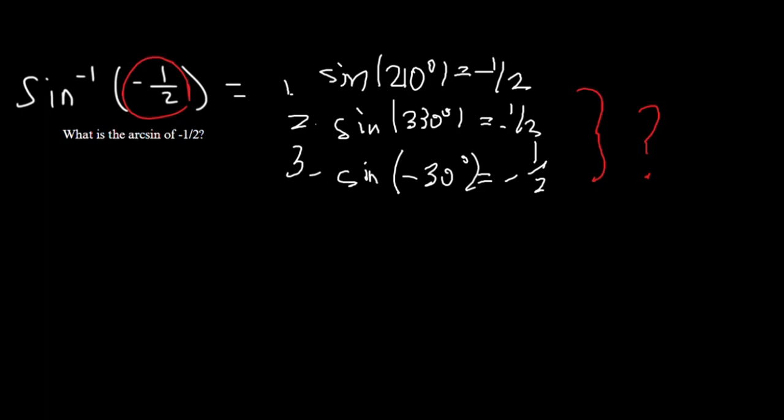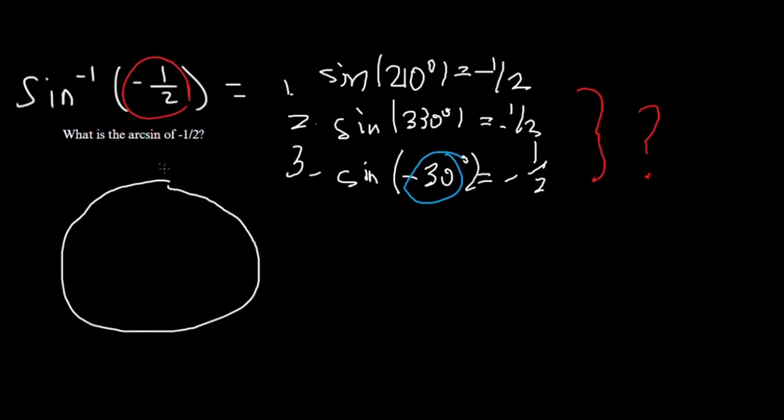Of course, tayo sa magbibase sa smallest, negative 30 degrees. Why not the other two? Let's draw a unit circle. Now, negative 30 degrees is located right here at the fourth quadrant.